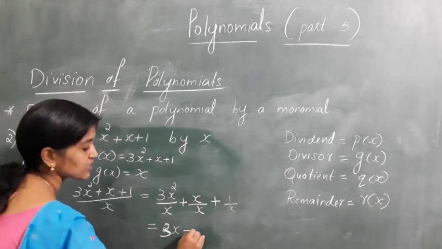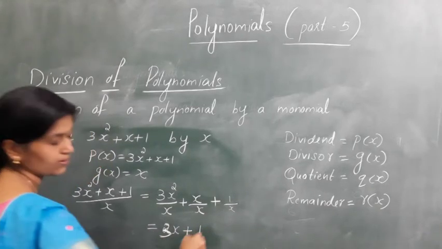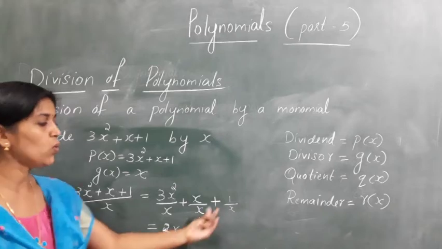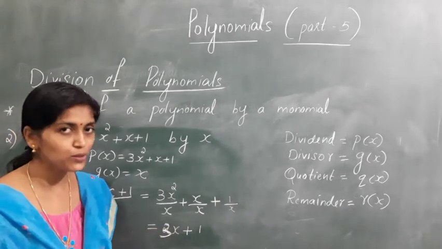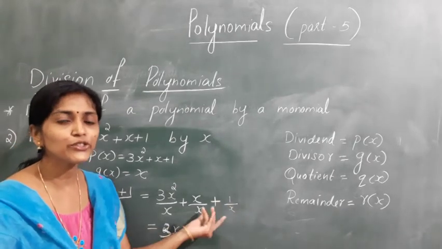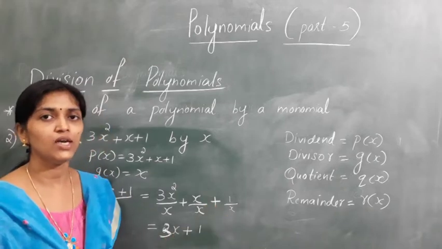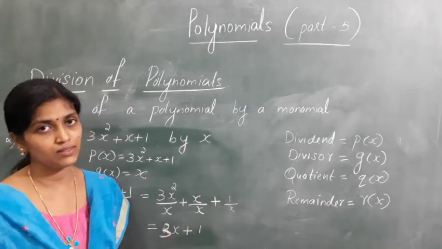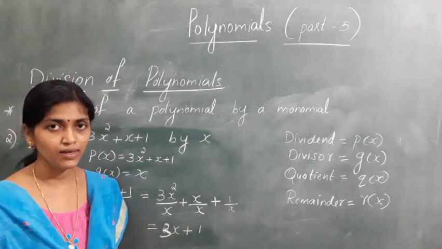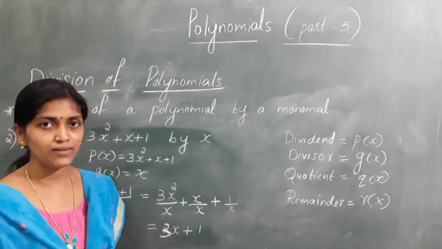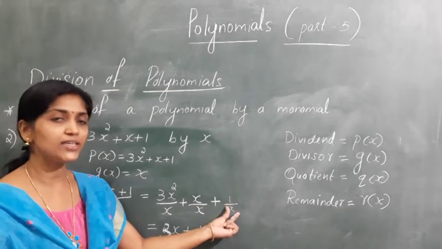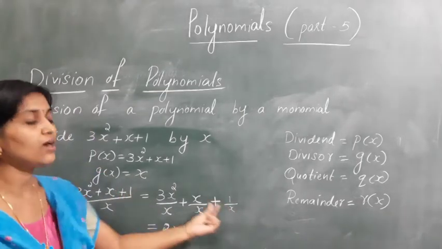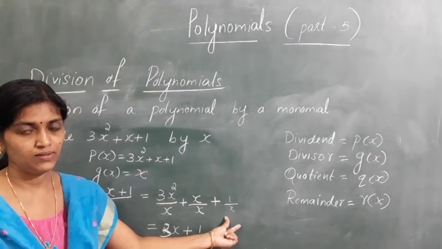And here x by x is 1. Now 1 by x, it's not possible to divide there. So if it is not possible this way, we take 1 as the remainder. Is it clear? So we are not able to divide, here we call 1 as the remainder.